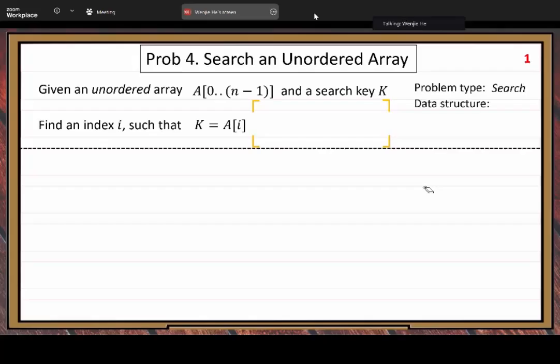And the reference, data structure array: I'll give you a reference, section 2.1. For this class, we will study 3 basic types of algorithms. First one, search. Second one, sort. Third one, selection.